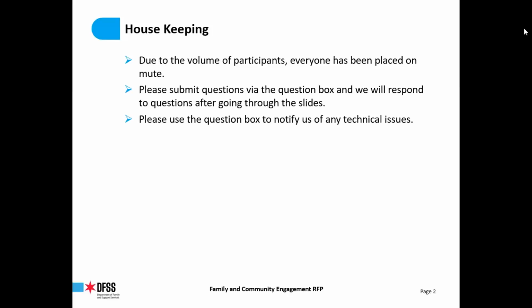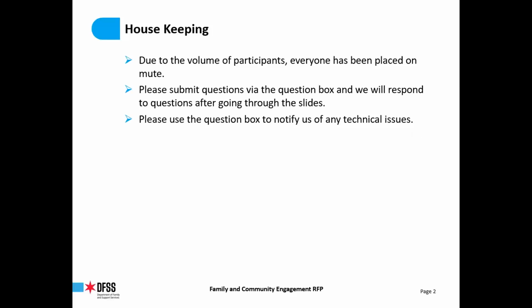We'd also like you to use the question box to notify us of any technical issues. Right now, we're all showing our screen, and you should be able to hear us. If you'd like, you can use the question box to indicate right now that you can see the screen and that you can hear us. We'd appreciate that. I'll only interrupt Beth or Julia when we're talking in case there's a technical issue or I see someone type in the question box that something is not working right.